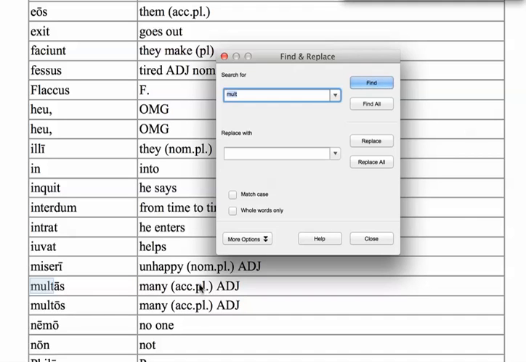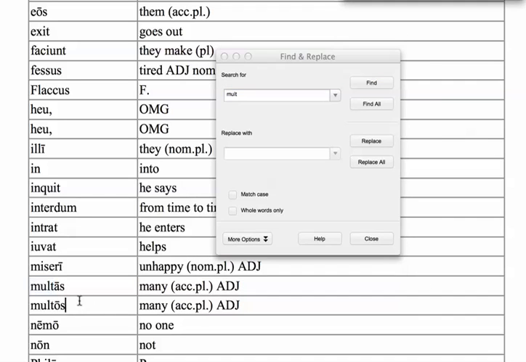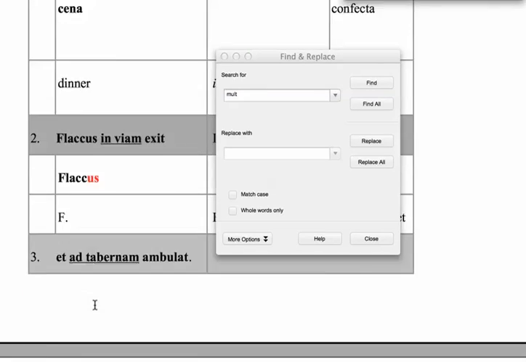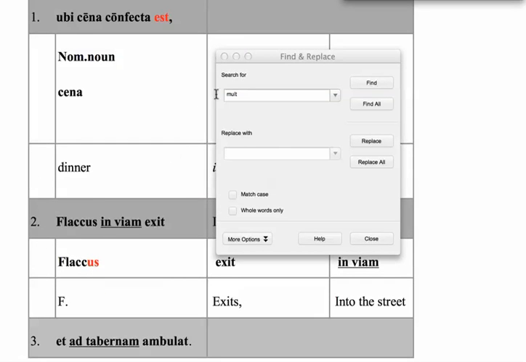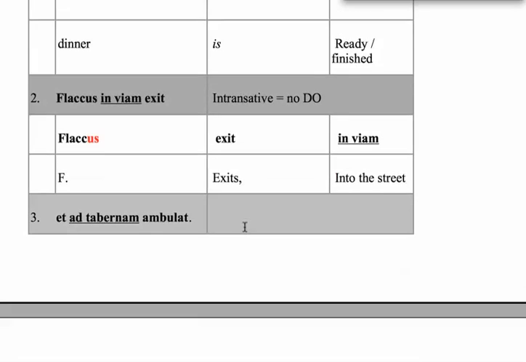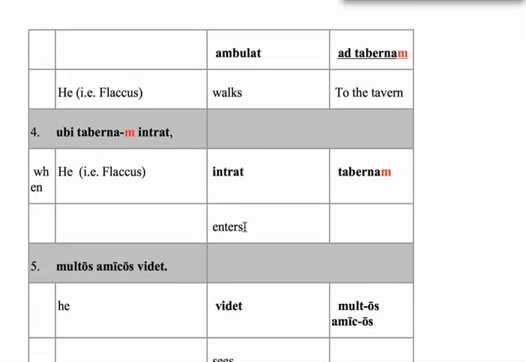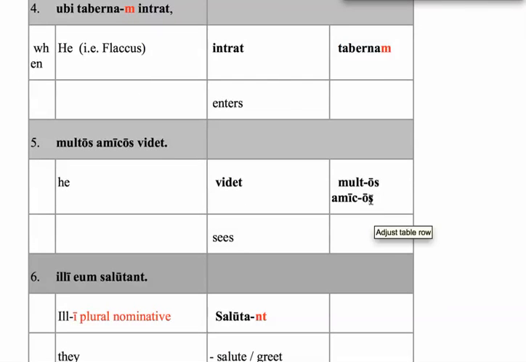In both cases, it's accusative plural. But this form, the multos form, is an adjective modifying a masculine noun, and this form, multas, will modify a feminine form. Okay. So many friends, he sees many friends. Right? Many amigos.